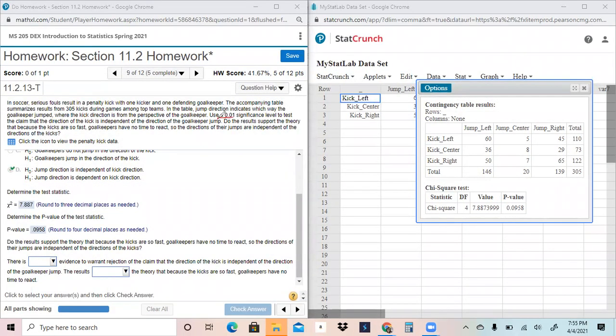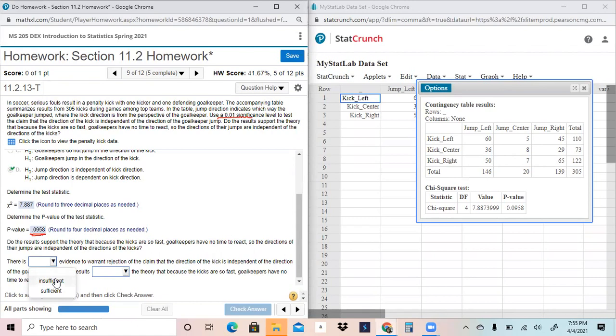We were looking for a 0.01 significance level. Our p-value is many times larger than that. Therefore, this actually supports the null hypothesis.